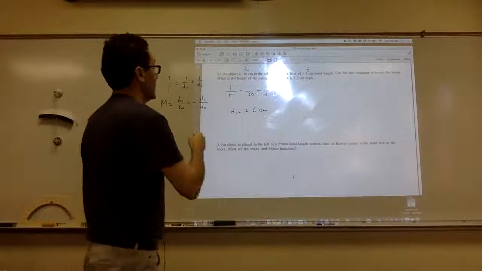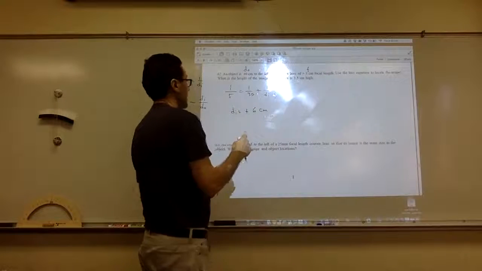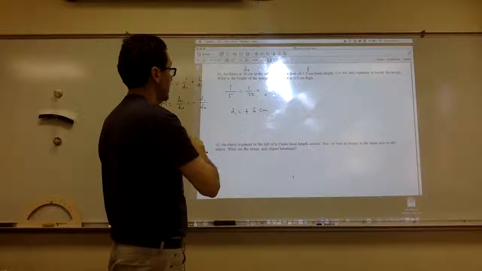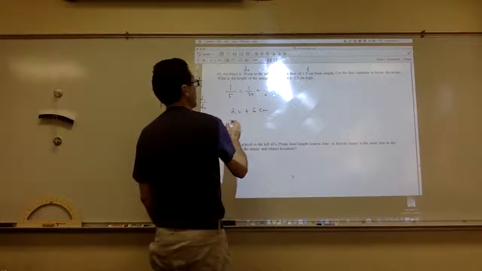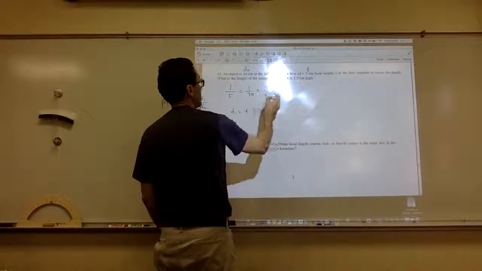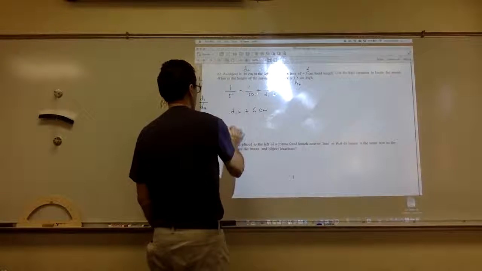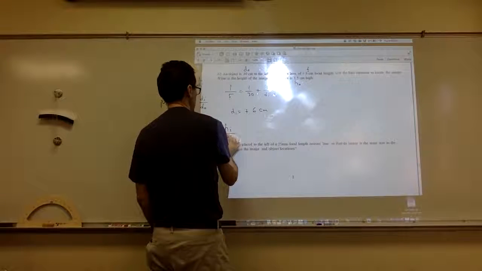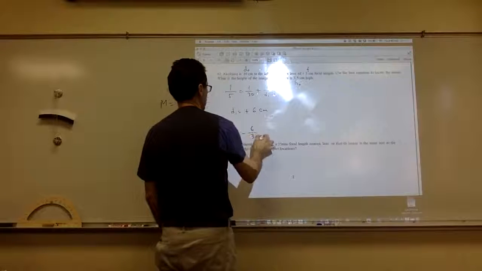And we know that it's going to be real because we are to the left of the focal point, right? So the image would be past the lens. Okay. And the height should be, okay, so this is HO. So the height should be negative because it's going to be flipped. So HI over HO equals negative DI over DO.